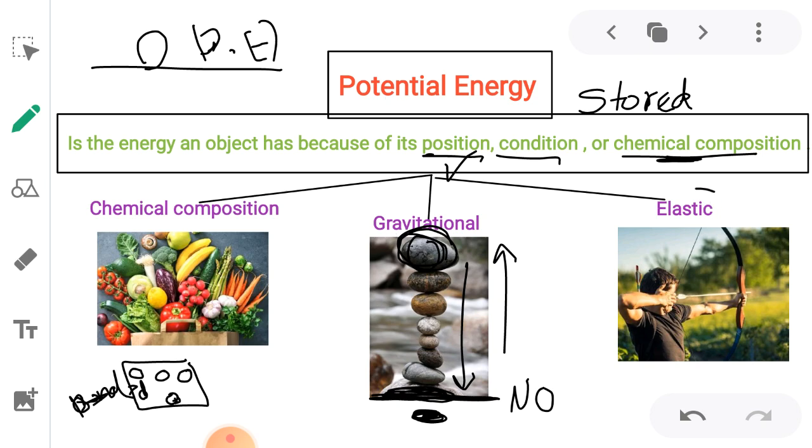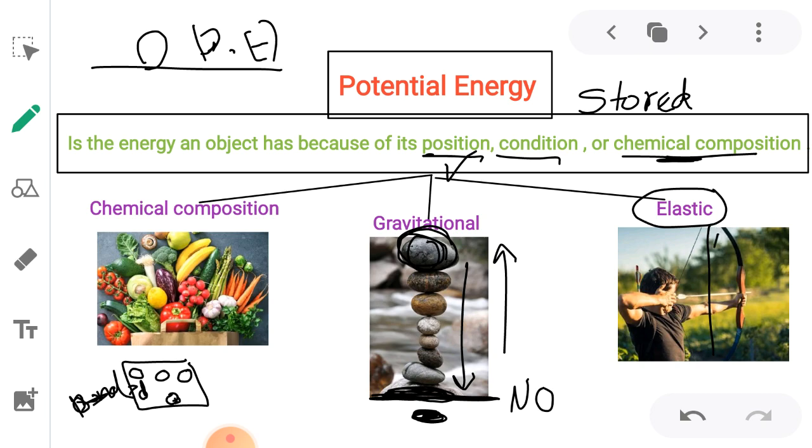The third one is elastic potential energy. Elastic comes with stretched objects like a rubber band, like a string, and so on. Here we have an archer. The archer pulls back the string and stretches it. Now we want to look at the string before it's stretched, at rest.